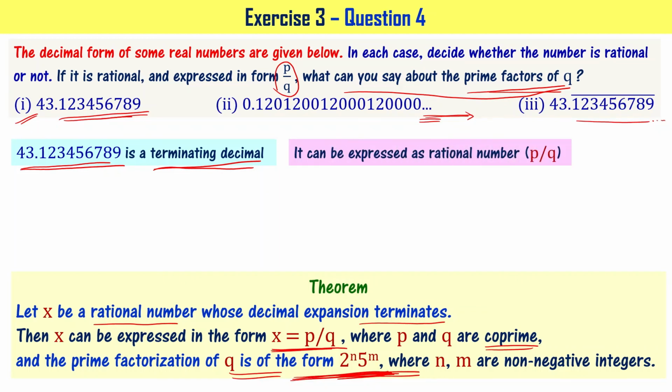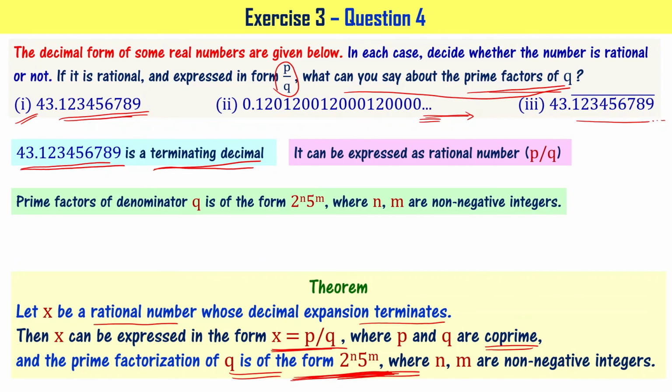Let's write that. We can say that it can be expressed as a rational number p by q, and the prime factors of denominator q is of the form 2 power n 5 power m, where n and m are non-negative integers. This is what we are asked to discuss about, right?